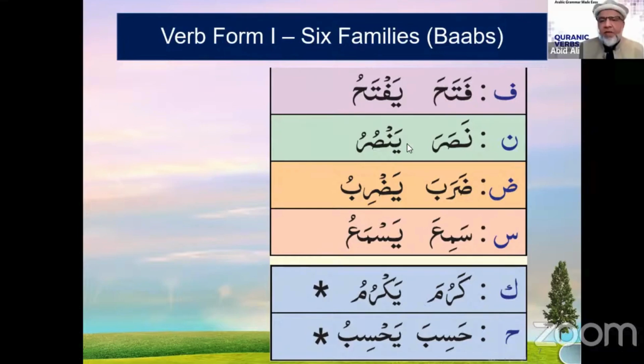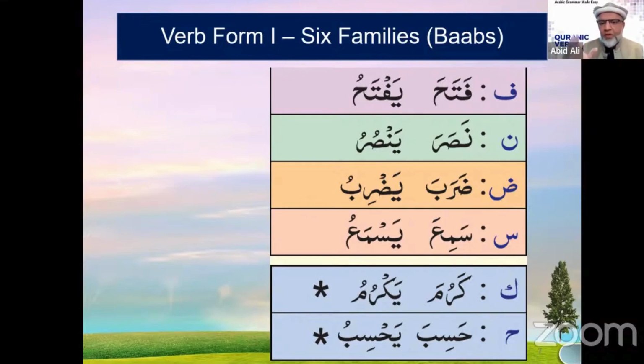So we have family number 1 called Fataha. The abbreviation is this small fa alone, from Fataha. If you want to denote it by this letter fa, the moment you see this fa in front of a verb or in front of the root letters, you will understand that I am dealing with the family of Fataha.